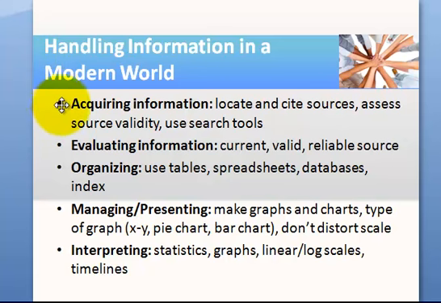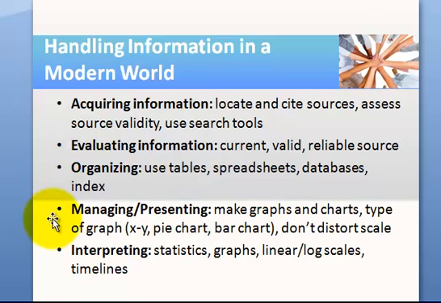So, first of all, we can acquire information from several sources. We need to assess the validity of those sources because oftentimes in today's world, they may or may not be tested or validated. And we can evaluate the information. We can organize it using tables, spreadsheets, databases to help us understand what that data is trying to tell us, turning it into usable information.